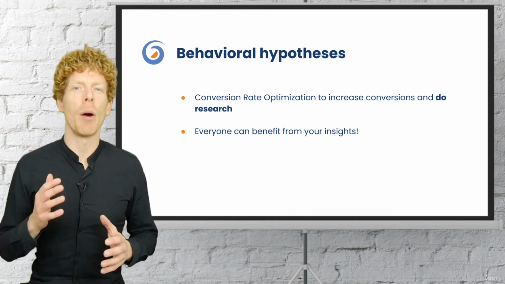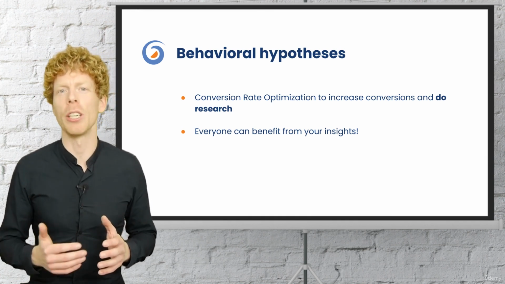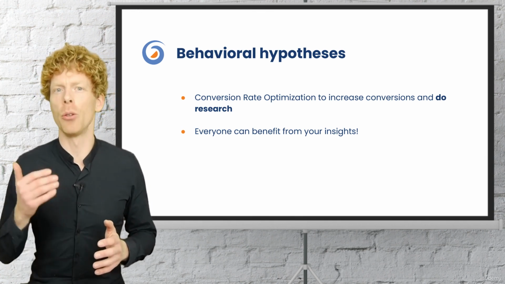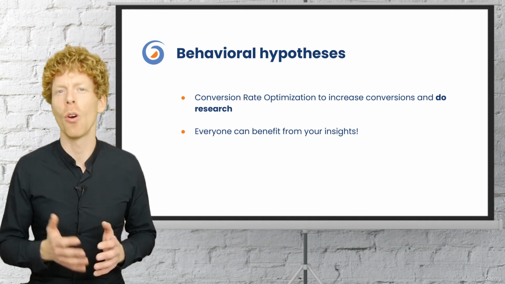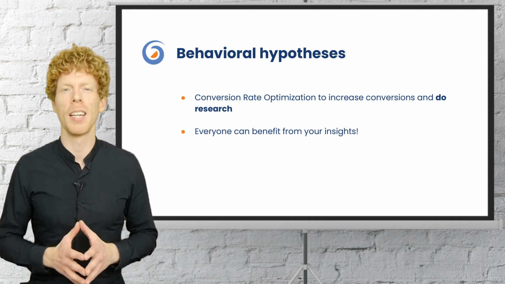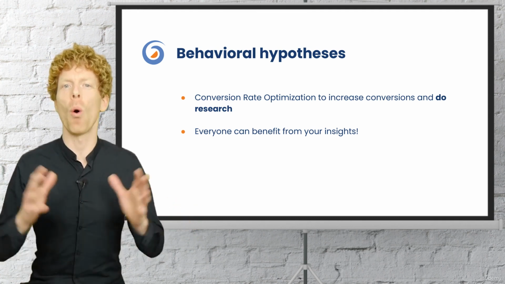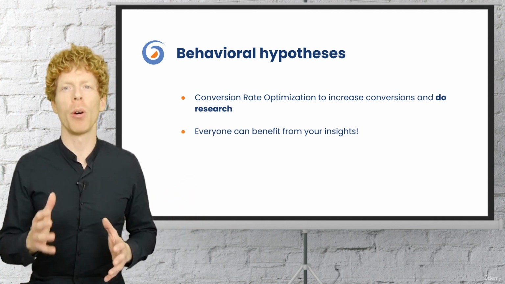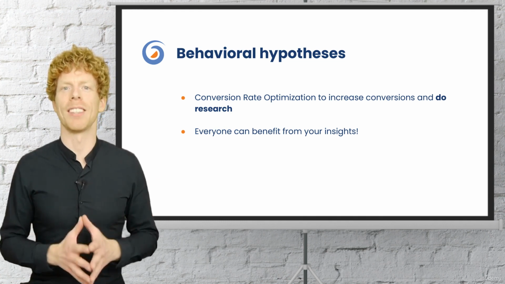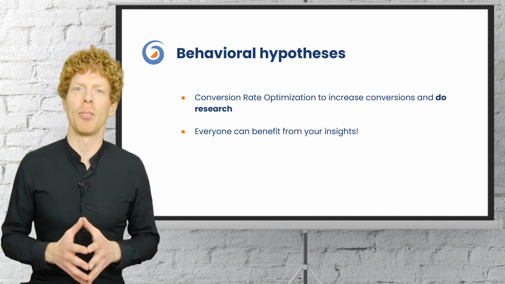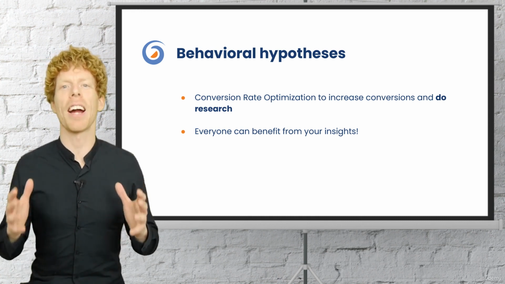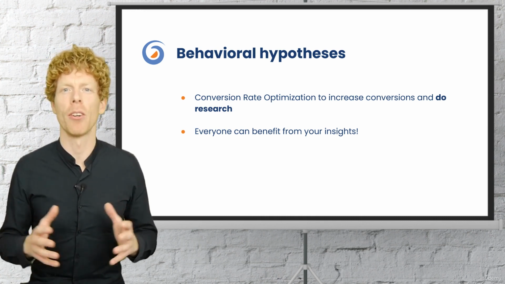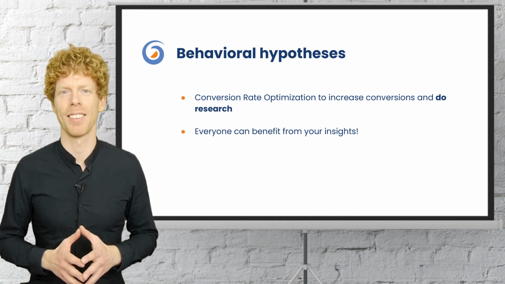So now we use conversion optimization to increase conversions and do research on the needs, motivations, and behaviors of your website visitors. And you can share these learnings with the whole company. Everyone can benefit from your insights. The product teams, innovation, marketing, and even higher management can benefit from what you learned.